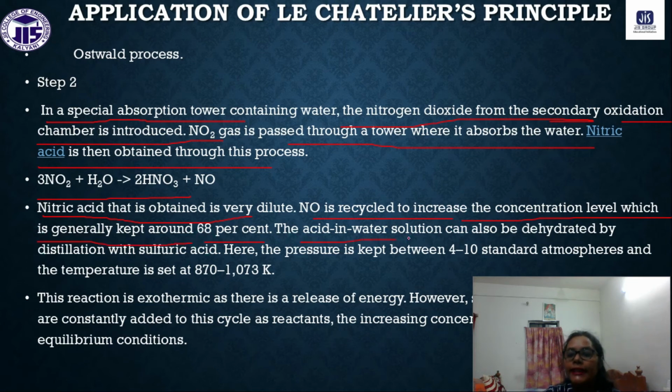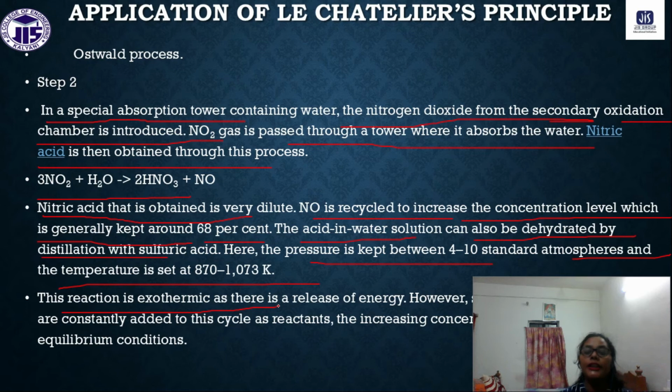The acid in water solution can also be dehydrated by distillation with sulfuric acid. Here the pressure is kept between 4 to 10 standard atmospheric pressure and the temperature is set at 870 to 1073 Kelvin. The reaction is exothermic. Mind that, the reaction is exothermic.